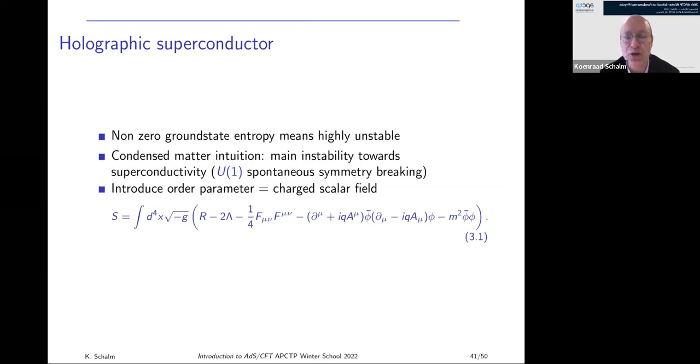And the simplest such order parameter is simply just a charged scalar field. So before I introduced a charged Dirac fermion, but now I'm going to introduce a charged scalar field, right? And I just take my standard Einstein-Maxwell theory and I add a charged scalar field to its description with an arbitrary charge q again and an arbitrary mass m squared.